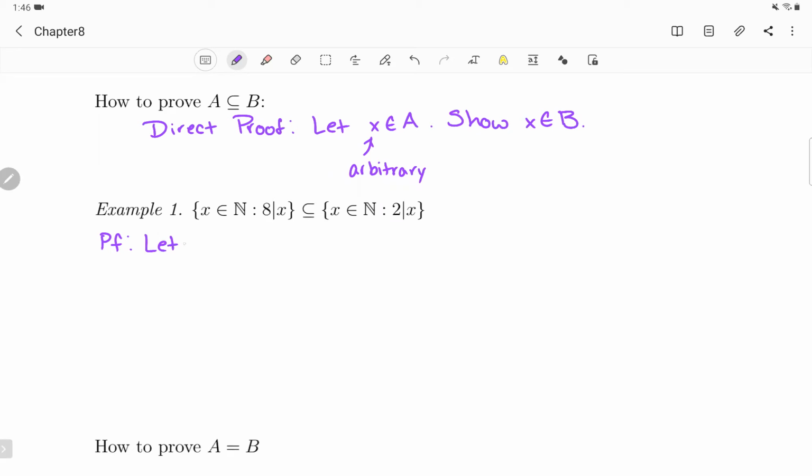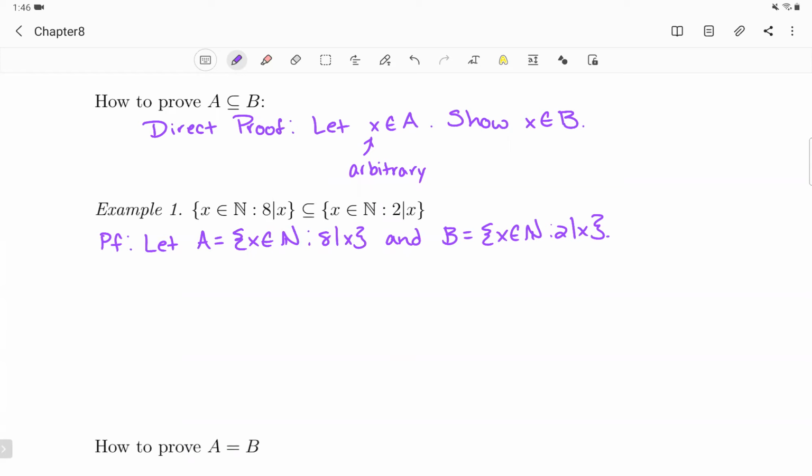So let's let A equal the set of all X in the natural numbers such that 8 divides X. And B equal the set of all X in the natural numbers such that 2 divides X. And again, this is just to save me space because I just don't want to have to write that set over and over and over. Now I can just write A.